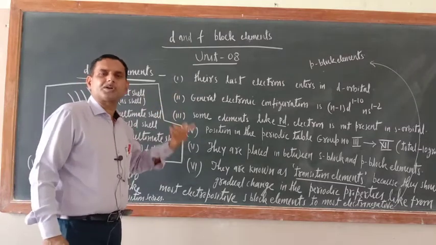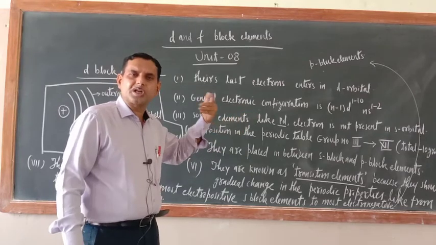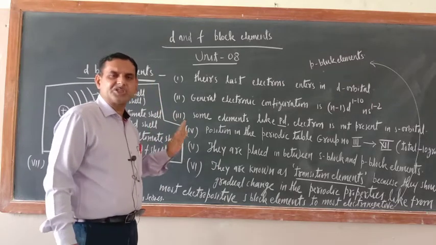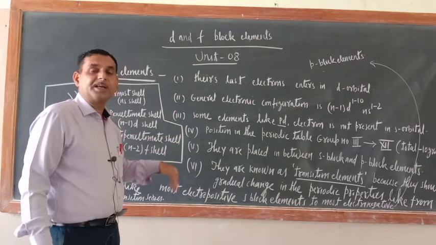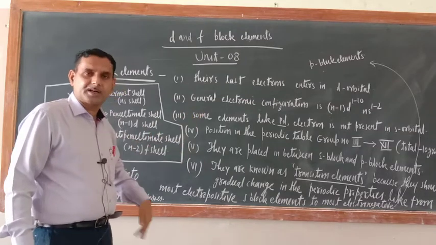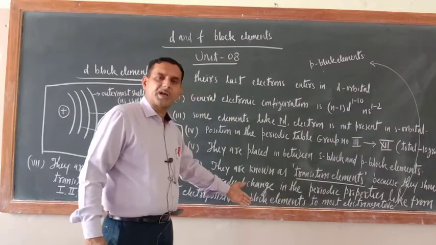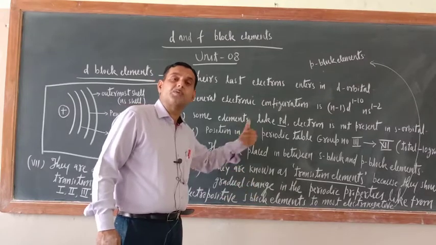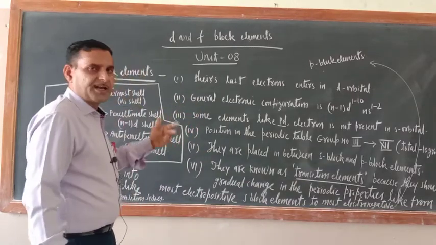Similarly, take electropositive character. S block elements are the most electropositive, but P block elements are the most electronegative, especially group 17. For the sake of example, I took S block elements. You can write from lowest ionization enthalpy to highest ionization enthalpy. Any periodic property you can take as an example.